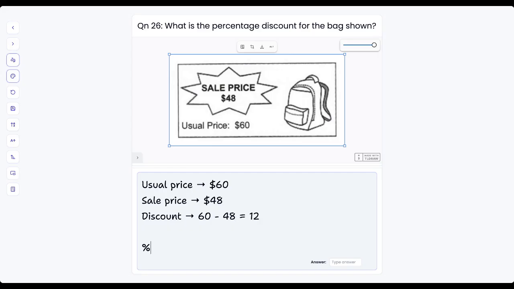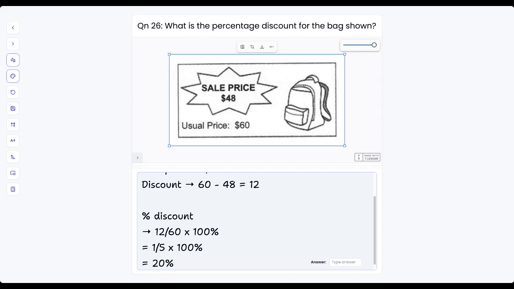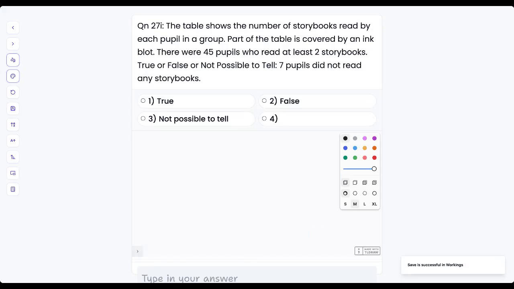So the percentage discount is equal to 12 over 60 times 100%. Okay, so this will be 12 divided by 60 is 1 over 5, times 100%. This will be 20% in this case over here. So the answer is 20%. All right, let's move on to the next question.